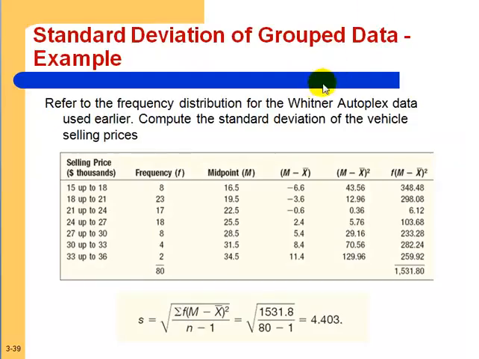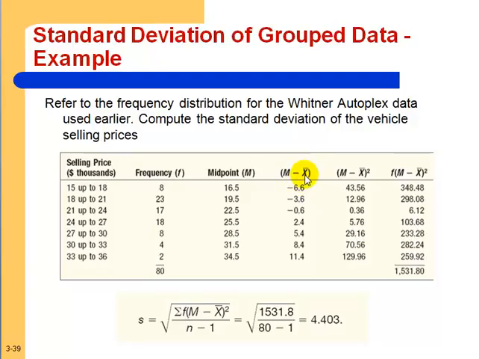About the standard deviation of the grouped data, please check this example. This is the last slide. This slide shows you the steps to find the standard deviation of the grouped data. For the different classes, we find the midpoint first, and then we use the midpoint minus the mean of the group of data. So how do we calculate this x bar?